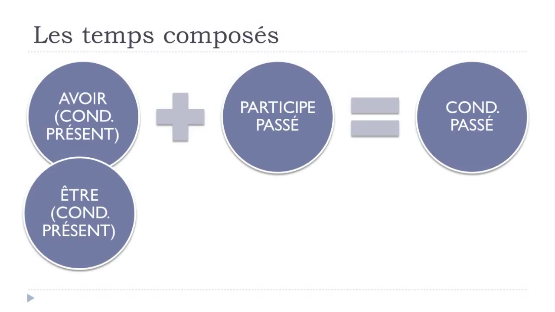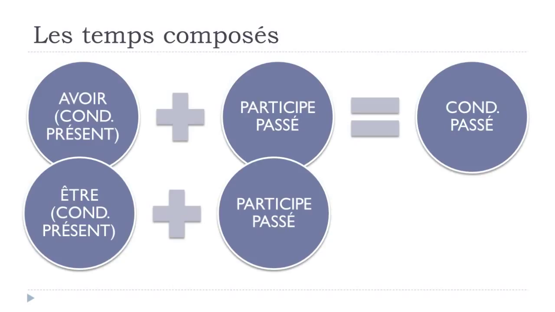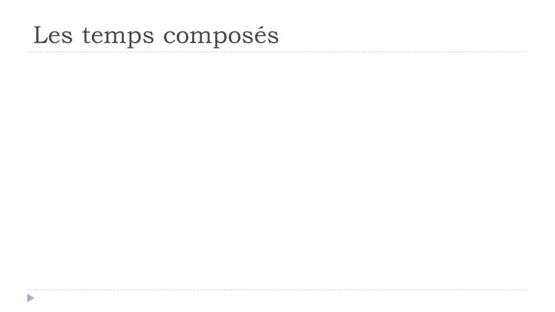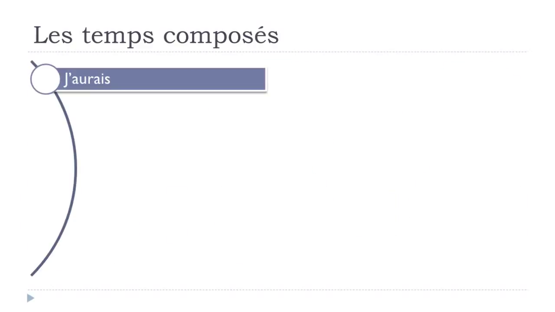Or, for the same cases as we had previously for passé composé, futur antérieur, or then plus que parfait, être, but in that case it should be at the conditionnel présent form, then the participe passé, and you will get your conditionnel passé forme. So let's see now how avoir and être are at the conditionnel présent, just to refresh your memory, and it goes like that.